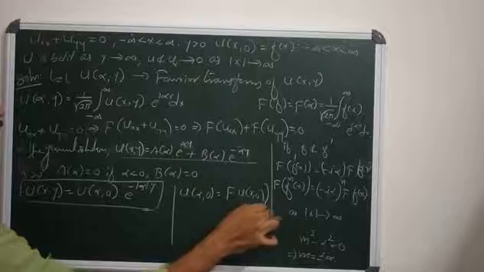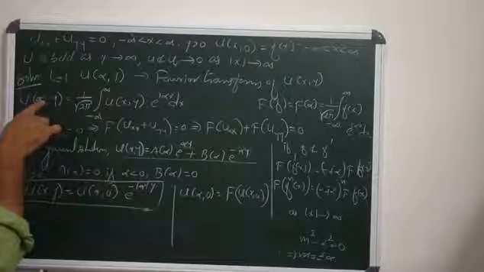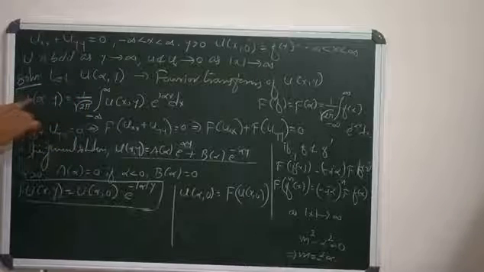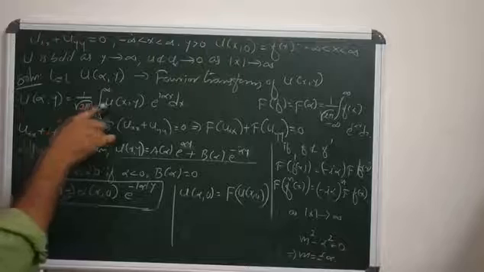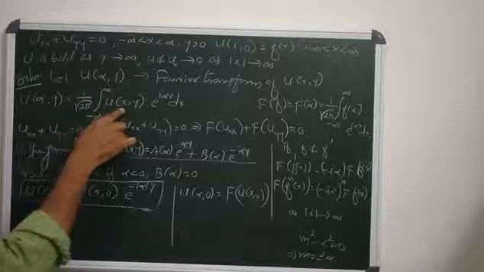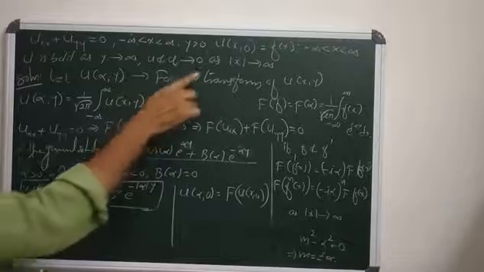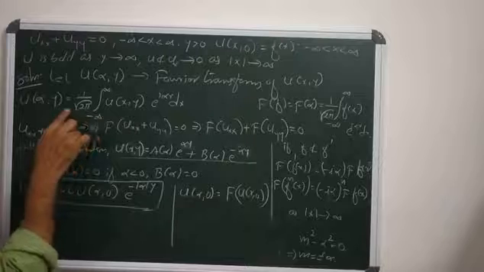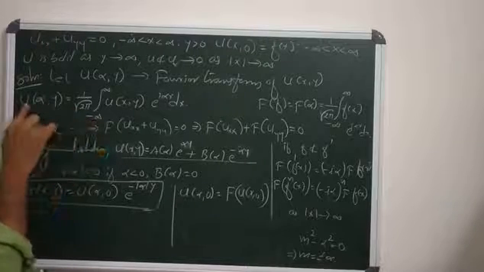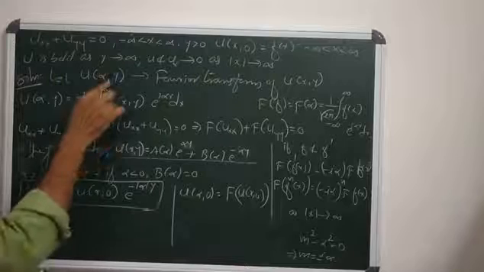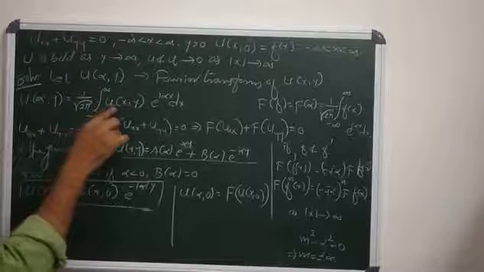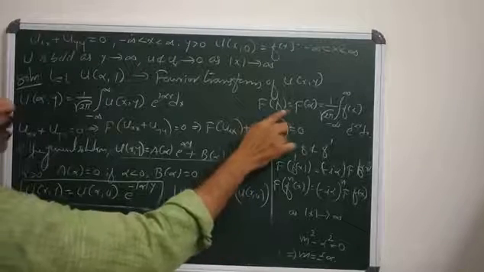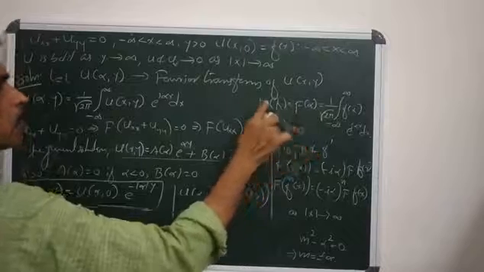Listen, according to this argument, u alpha y is the Fourier transform of u x y. So u alpha 0 is 1 by root 2 pi integral from minus infinity to infinity u x 0 e power i alpha x dx. But u x 0 equals f of x under this condition. So u alpha 0 is 1 by root 2 pi integral along minus infinity to infinity small f of x e power i alpha x dx, which is nothing but capital F of alpha.